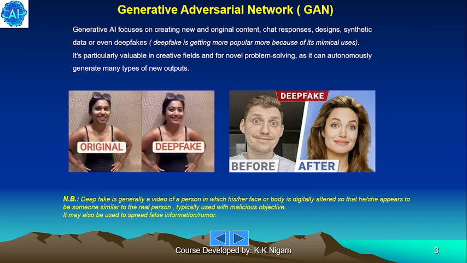Deepfake is generally a video of a person in which his or her face or body is digitally altered so that he or she appears to be someone similar to the real person, typically used with a malicious objective. It may also be used to spread false information or rumors.